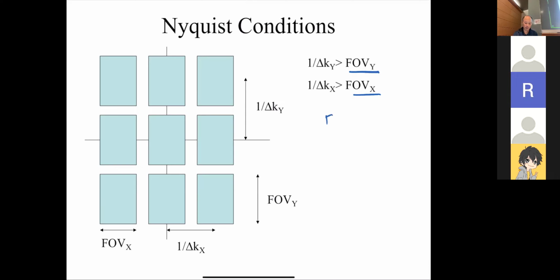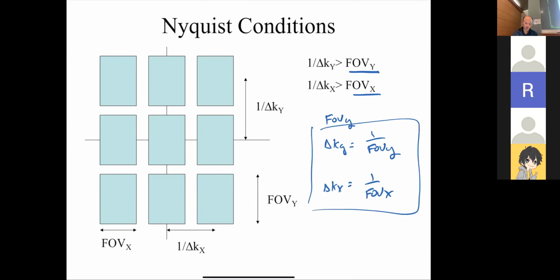For example, if I give you a field of view of Y, you just set delta Ky equal to 1 over field of view Y, and delta Kx similarly equal to 1 over field of view X. In your MATLAB code, you're just going to have lines that look like that. You're literally just going to calculate that.